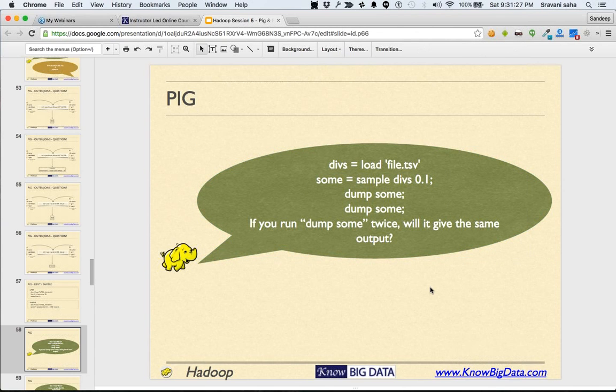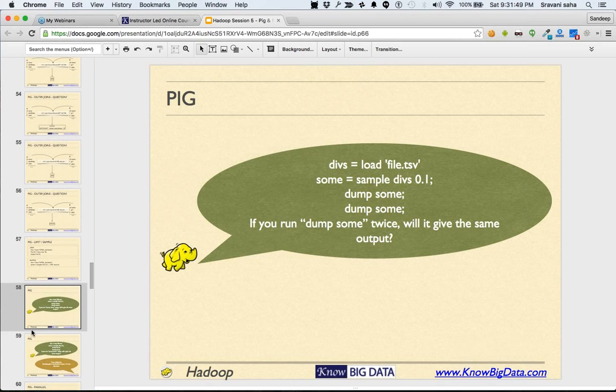Will it give the same output or different output? Yes, it would give us different output.